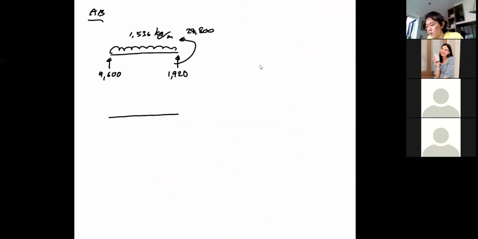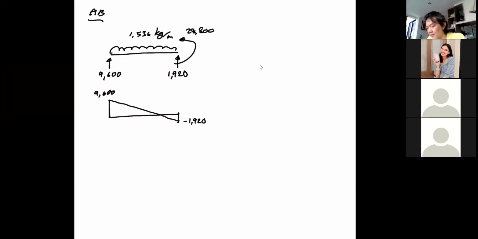Okay. So if I flip it this way, I have 9,600 going upward as a positive value. And I know that this shear force will bring my shear force diagram down to right here, minus 1,920. Okay. So again, let me remind you that the sign on the shear force diagram serves to show you the direction of the shear.